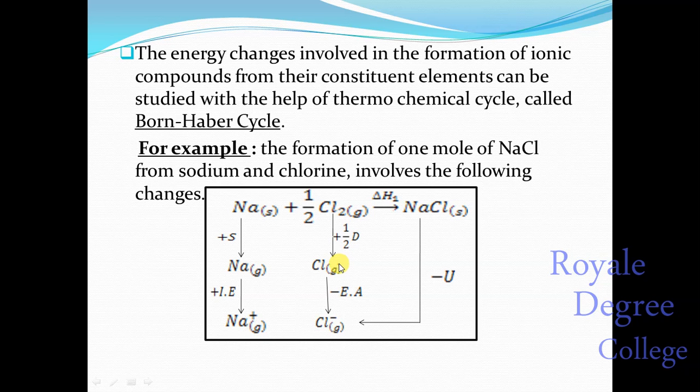Like that, half chlorine molecule in the form of gas takes half the dissociation energy, and as a result we are getting chlorine in the form of gas. Then electron affinity comes in, and after that it is converted to the Cl- ion in the form of gas. So sodium chloride in the form of solid, after the absorption or evolution of the lattice energy, is converted into sodium ion and chloride ion.